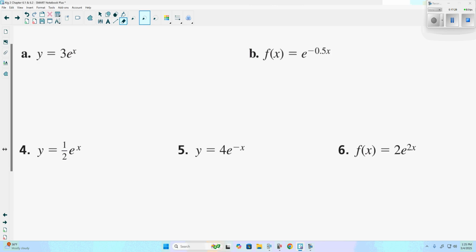So if we look at this first one here, y equals 3e to the x. The exponent is what? Positive or negative? Positive, so we would actually say that this is growth. It doesn't matter so much about the number in front of it, it's that exponent. Is it positive or is it negative? If we look at b, the exponent is negative, so this would be decay.